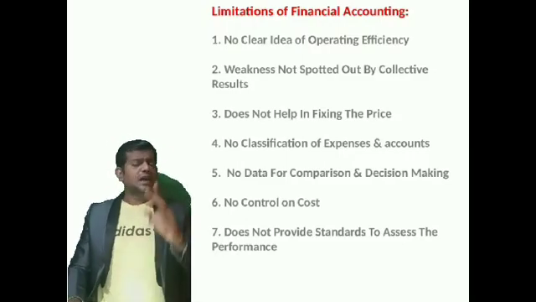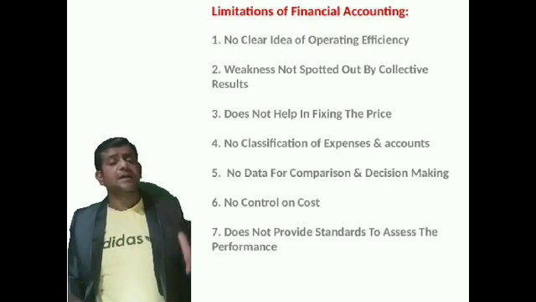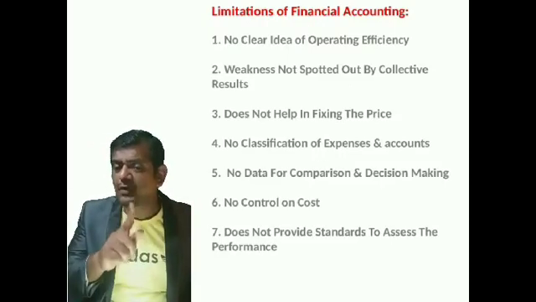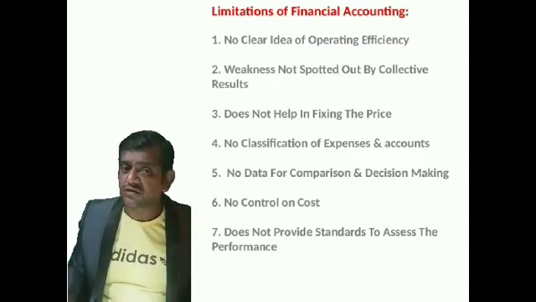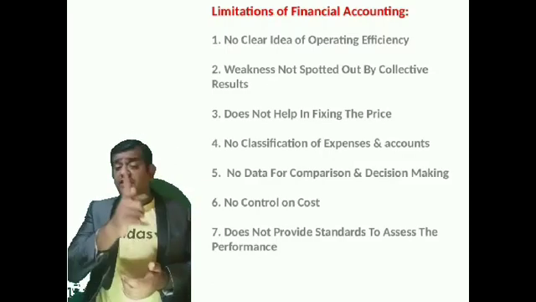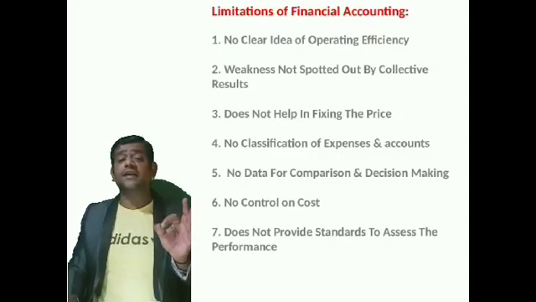So now let us move towards point number 2, which I have highlighted here, that clearly speaks about weakness not spotted out by collective results. Financial accounting shows the net results of an organization.